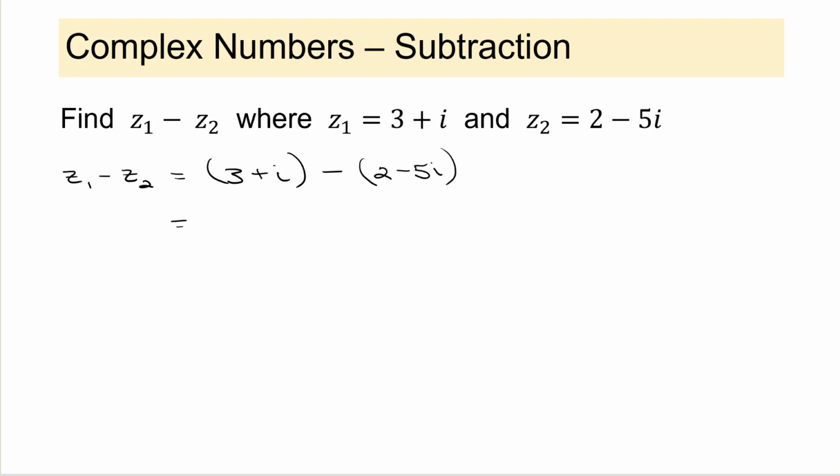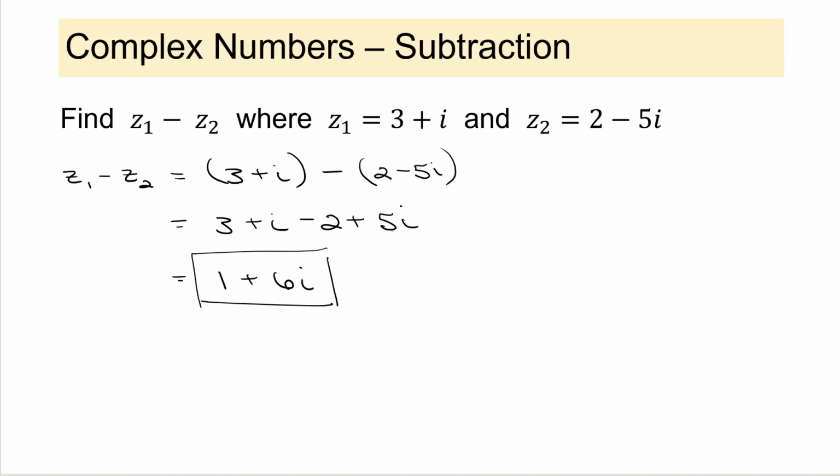So now let's get rid of the parentheses. Okay, and so again, think of it as combining like terms. So 3 minus 2 is 1, and then i plus 5i is just 6i. So that's our result. And again, in the form a plus bi.